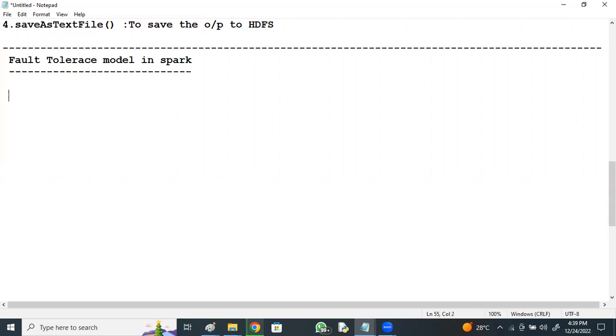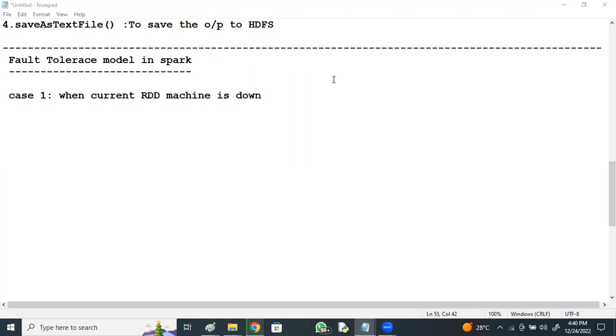Case 1. Observe this case 1, everyone. When the current RDD machine is down. In Spark, I'll be showing you everything step by step, right? Yes.